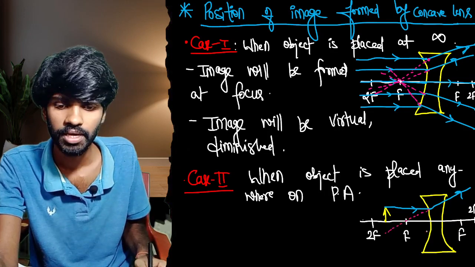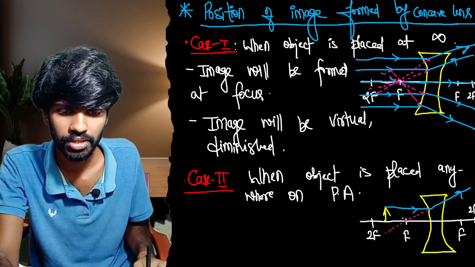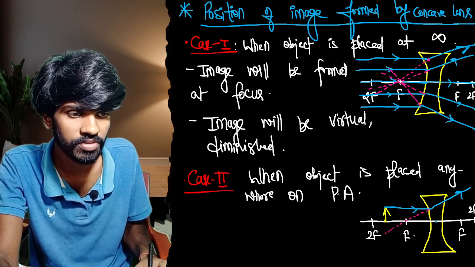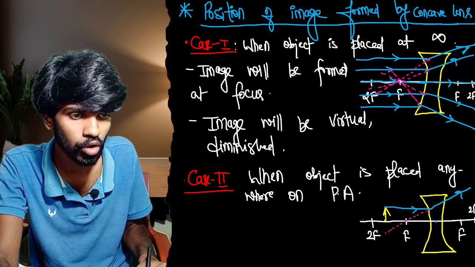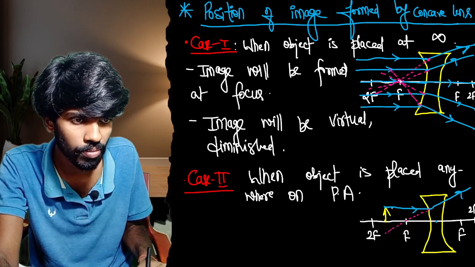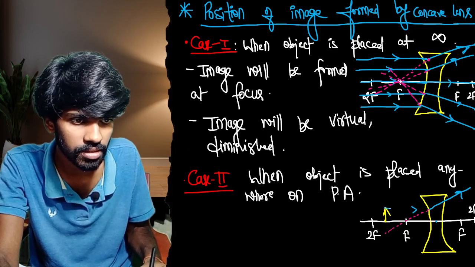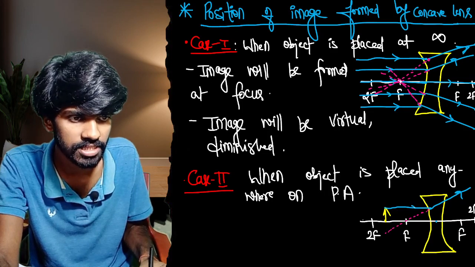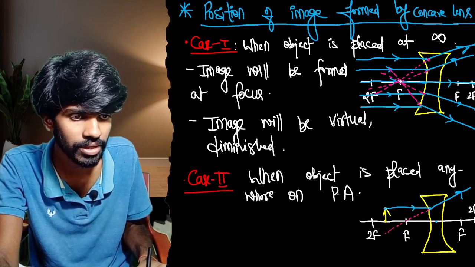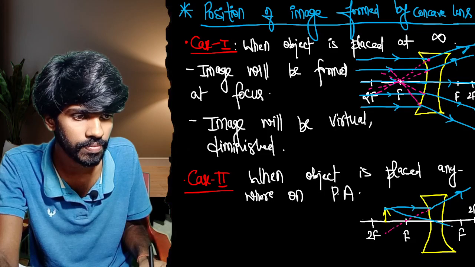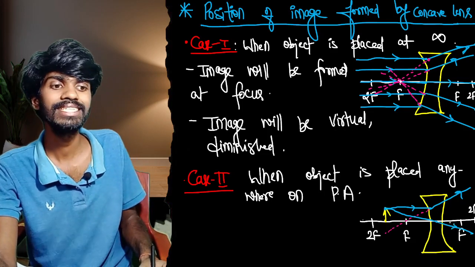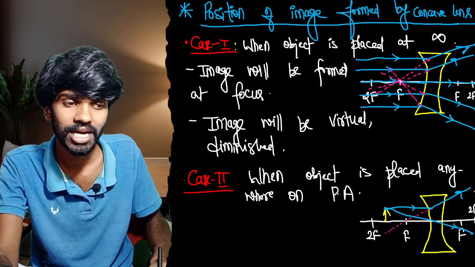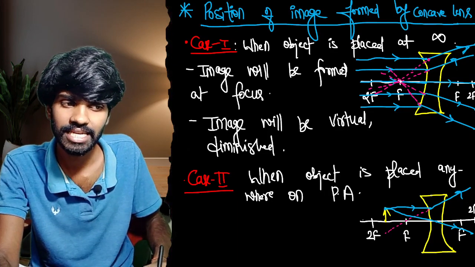Similarly, you can also draw the ray which is passing through optical center. Okay, optical center. It will go like this. Okay, so here you can see that there is no chance of meeting of these rays in this side.